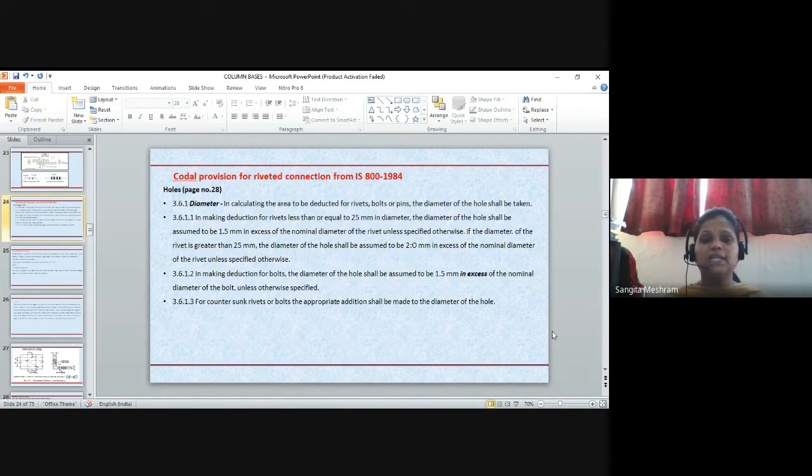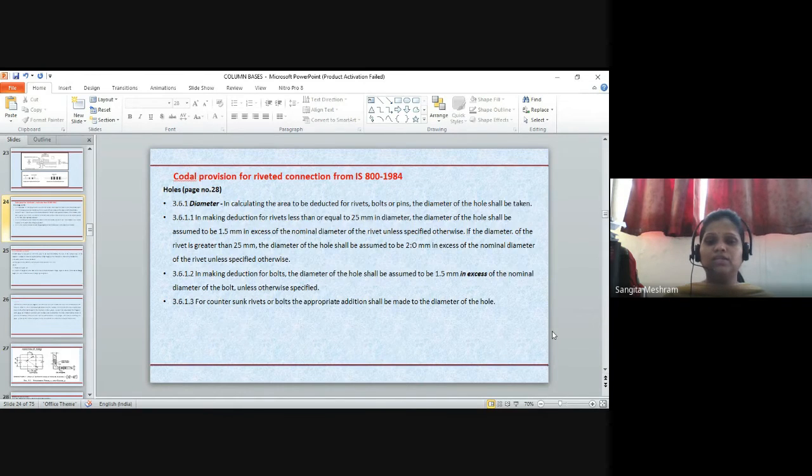Then if the diameter of bolt or rivet is given, in that case, what should be the diameter of hole? Up to 25 mm diameter. If the rivet or bolt is less than or equal to 25 mm diameter, we have to provide 1.5 mm extra diameter. We have to increase the diameter by 1.5.